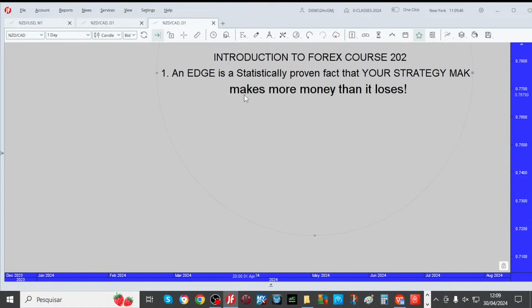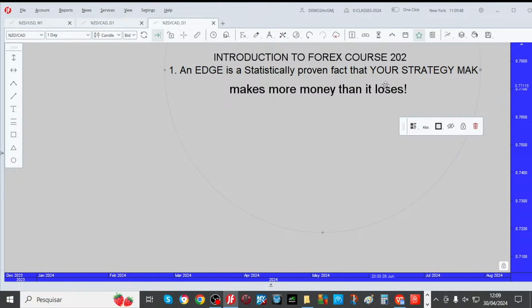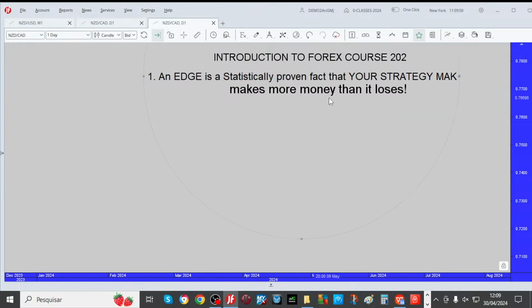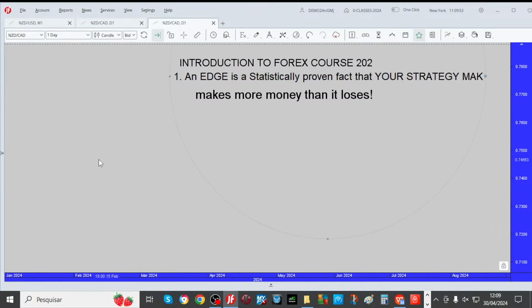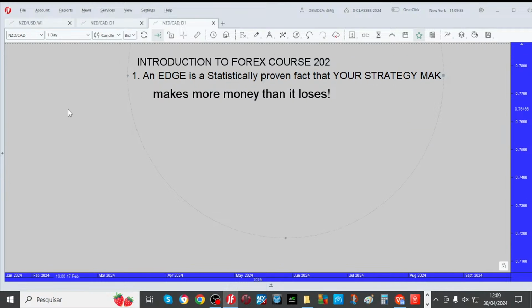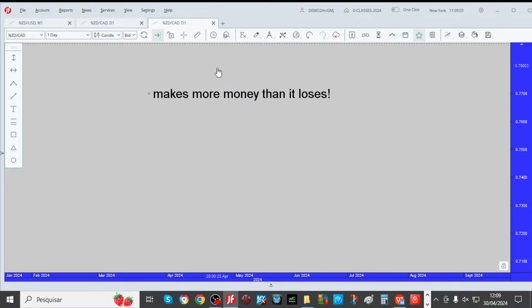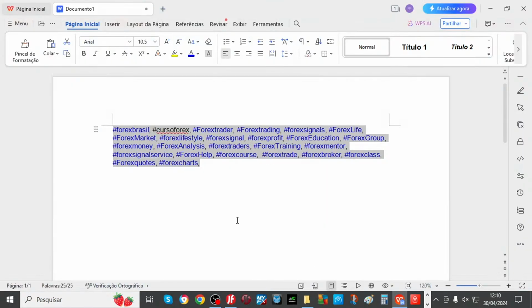I'm not sure why this is happening. What is the text here? Oh gosh, this is so frustrating. Nothing here. Let's go on a Word document, everybody.